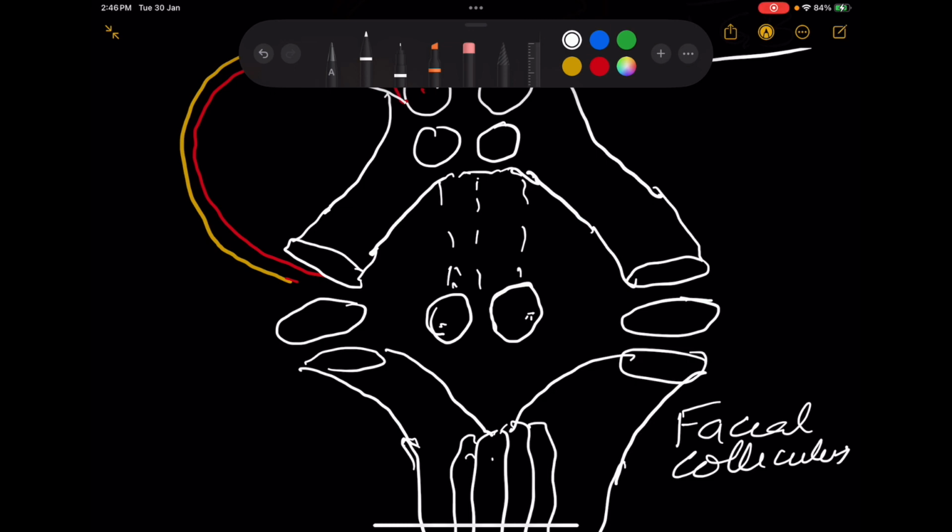And this facial colliculus is because the sixth nerve nucleus is actually encircled by the fibers of the seventh nerve. So this is the sixth nerve emerging and the seventh nerve is circling around it, forming this colliculus.